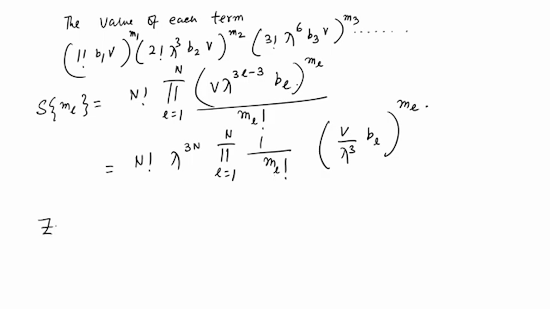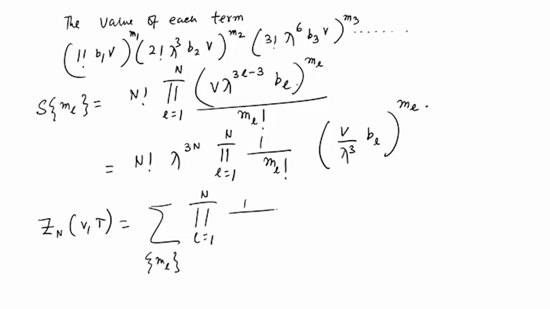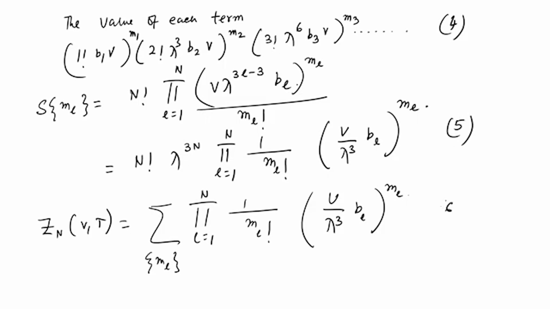So, that allows us to write down this Z_n(V,T), which is equal to the sum over m_l of the product over l equal to 1 to n of 1 by m_l factorial, and we have these V by lambda cube B_l to the power m_l. So, we write this as equation 4, this as equation 5, and this as equation 6.